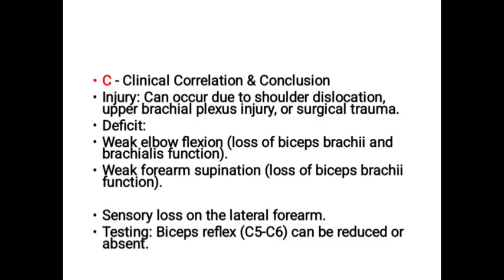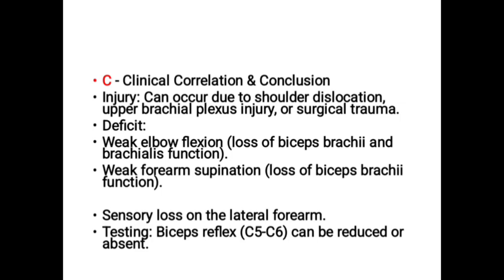Okay, for clinical correlation and conclusion. For the clinical correlation, you need to know that injury to the musculocutaneous nerve can occur due to shoulder dislocation, upper brachial plexus injury, and surgical trauma. When there is injury, it can lead to deficits like weak elbow flexion, remember the mnemonic flex and feel.